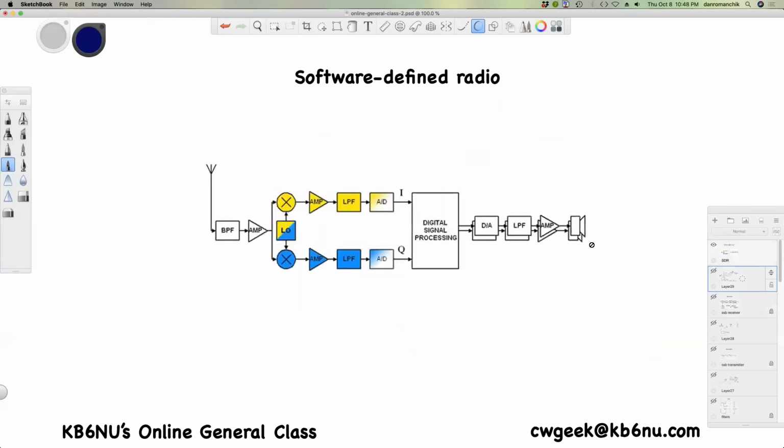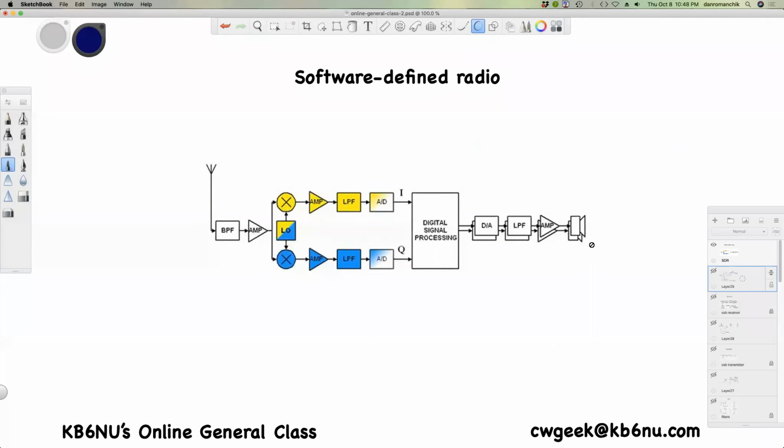So here's the last topic: software-defined radio. Nowadays, it's not even just good enough to be digitally controlled with digital oscillators. We do everything digitally now, almost. This is a block diagram of a software-defined receiver.